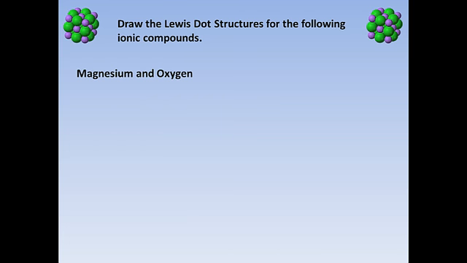In this example, you have magnesium and oxygen forming a compound. Magnesium is Mg and oxygen is O. Magnesium is in group 2, so it has 2 valence electrons. Oxygen is in group 16, so it has 6 valence electrons.